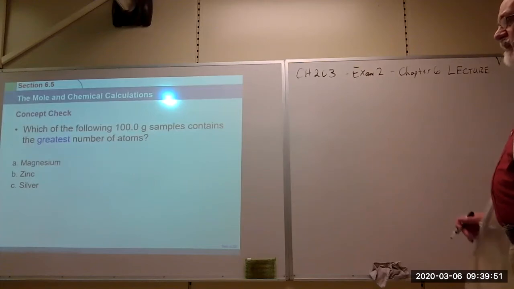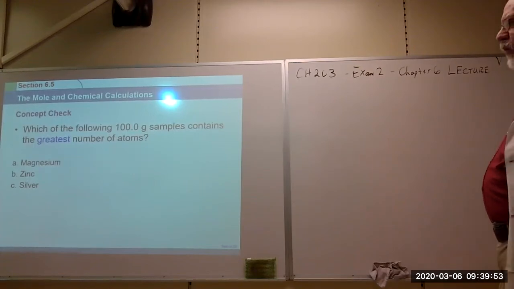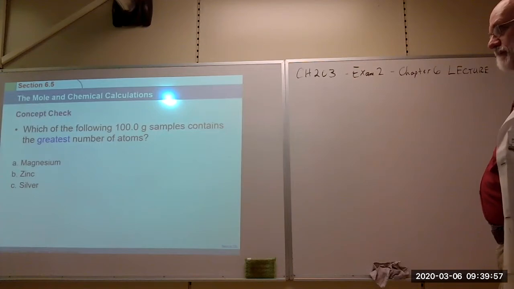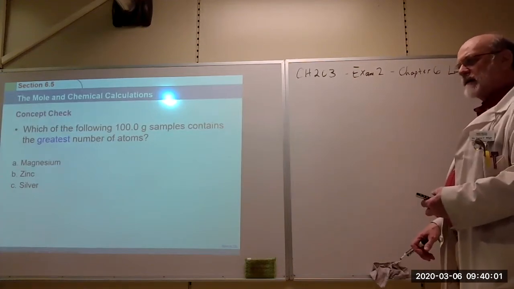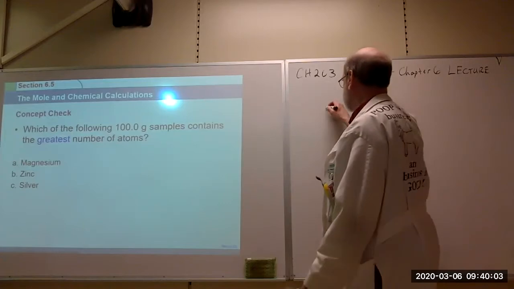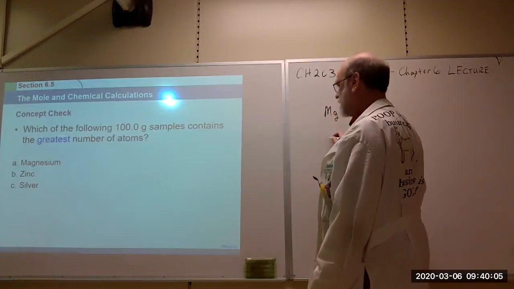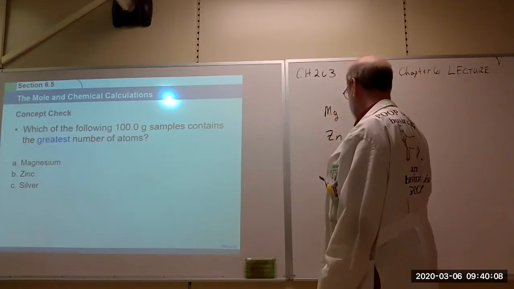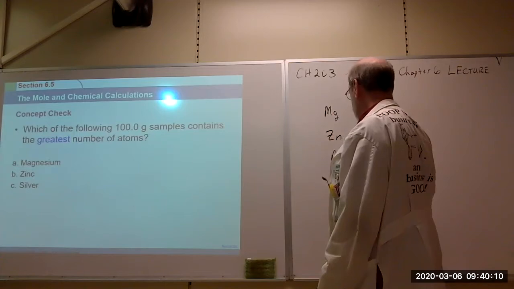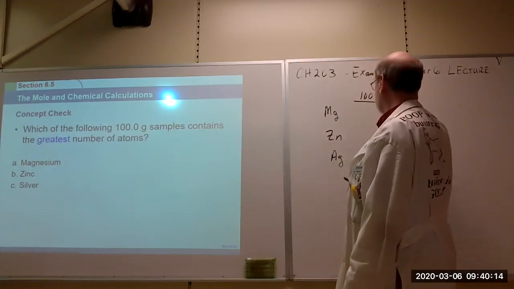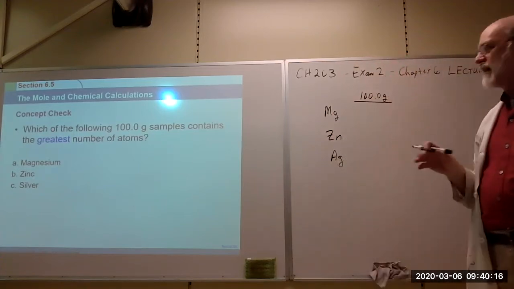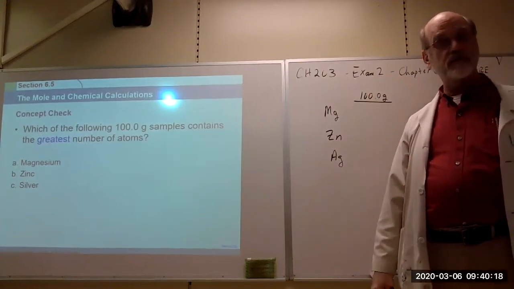How about this one? Which of the following 100-gram samples contains the greatest number of atoms? If you've got samples of magnesium, zinc, and silver, and they each weigh 100 grams, which one is going to have the most atoms?